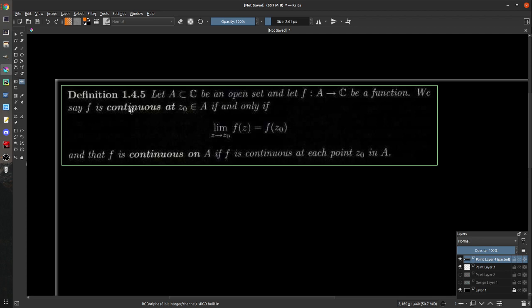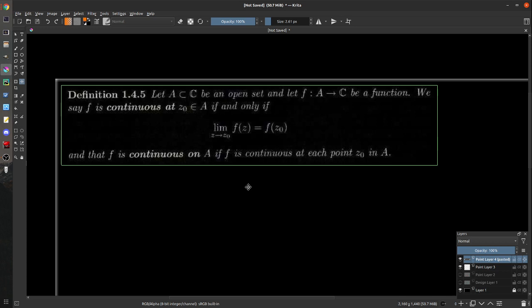We'll say that f is continuous at a point z naught in its domain if and only if the limit as z goes to z naught of f of z is f of z naught. So that is continuous functions. You can think of them as preserving convergence, maybe. As z goes to z naught, f of z goes to f of z naught.